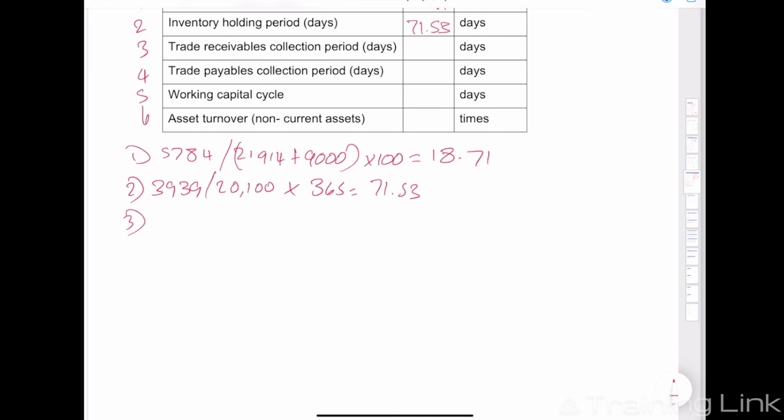So it would be 3098 divided by 32500 times 365. To give you a trade receivables collection period of 34.79 days.